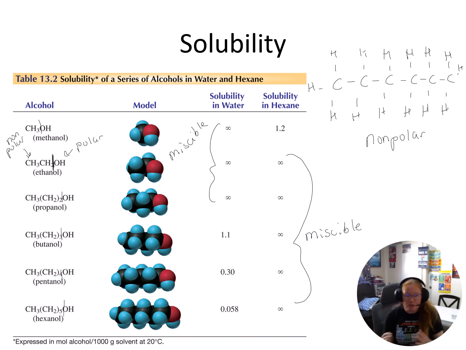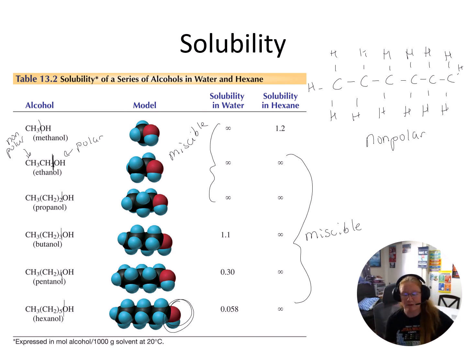As we increase the size of that carbon side chain, we start to lose our miscibility and then our solubility overall in water, because by the time I get to hexanol, I have 6 carbons, okay? Just like hexane, 6 carbons. So that polar head up here is so small that we can get a little bit of interacting with the water, but not a whole lot, because that carbon side chain gets in the way.